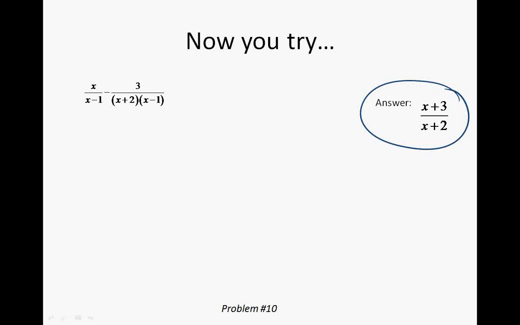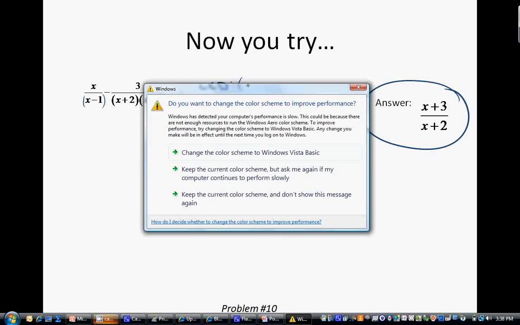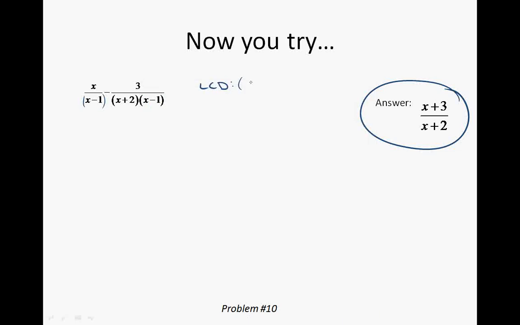So the least common denominator here: I have x minus 1 as one of my denominators and x plus 2 times x minus 1 as my other one. Then my least common denominator is going to be x plus 2 times x minus 1.